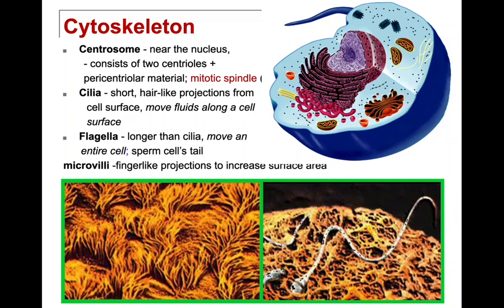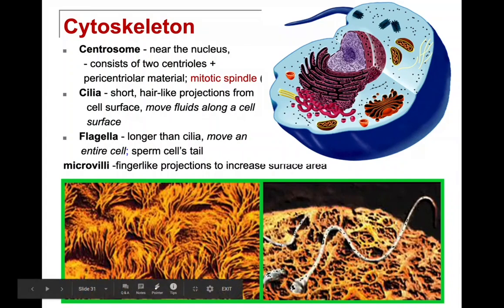So you have these in your trachea that help to move mucus up. Flagella are longer than cilia, and they move an entire cell. The tail of a sperm is an example of this. Cilia are going to tend to move things perpendicular. The sperm are going to tend to push things in a line forward.